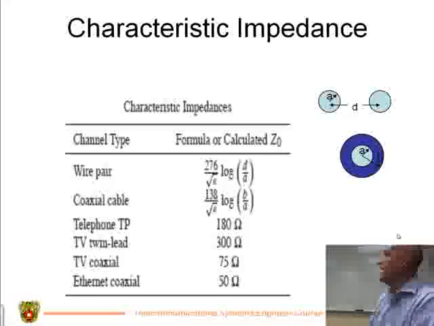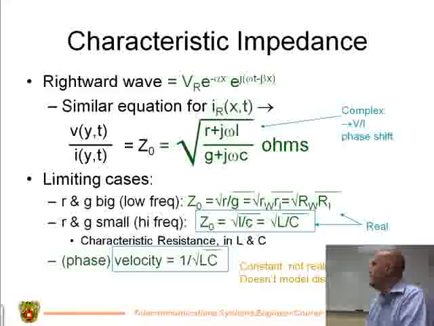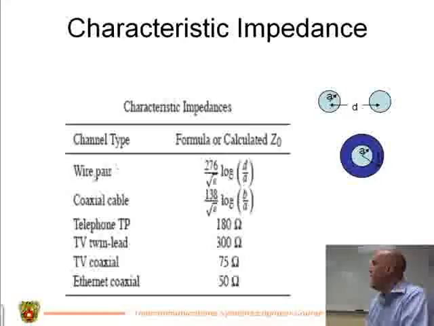Now we can figure out characteristic impedance for various devices without having to go through all of this stuff. For a wire pair, the characteristic impedance is 276 over the square root of epsilon times log D over A, where D is the distance between the two wires, and A is the radius of each individual wire.